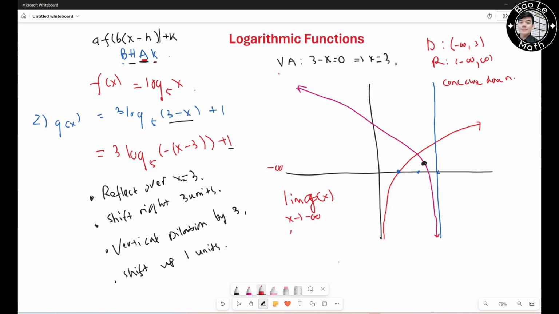The function approaches positive infinity. Now limit of the function g of s when s approaches 3 minus, right here. This is the right limit. So it's going to be negative infinity because the function keeps going down, right?